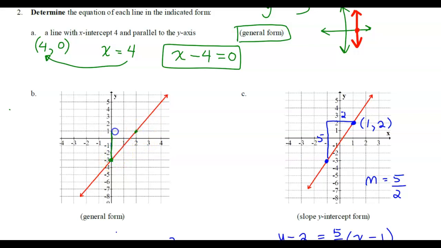So if I go up and to the right, I'm going up 4 to the right 2. So the slope is 4 over 2, which is 2, and the y-intercept is -3. So I can start by putting it in slope-intercept form. So y equals 2x minus 3.